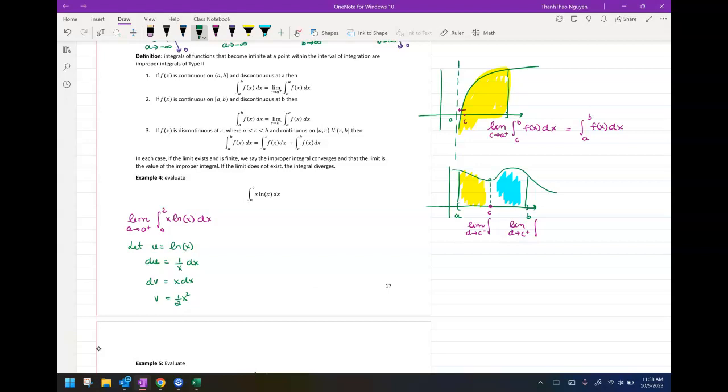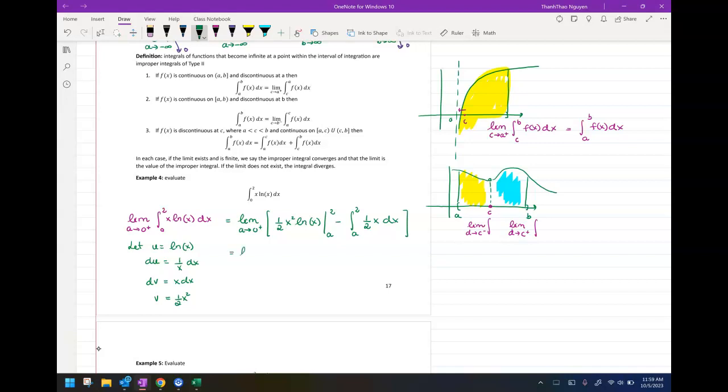Then I'm looking at the limit as a approaches 0 from the right of u times v, that is 1/2 x squared ln of x, evaluated from a to 2, minus the integral from a to 2 of v du, that is 1/2 times x dx.